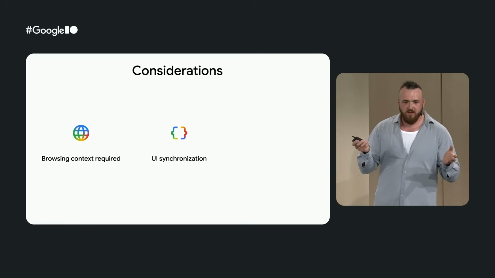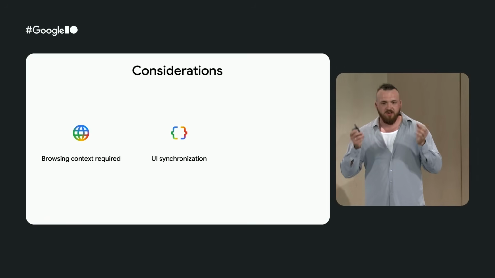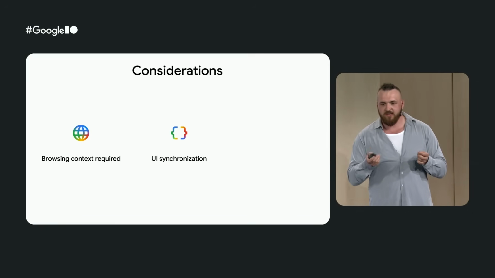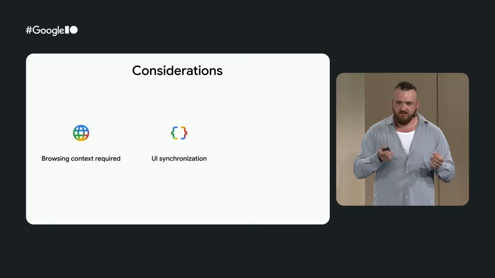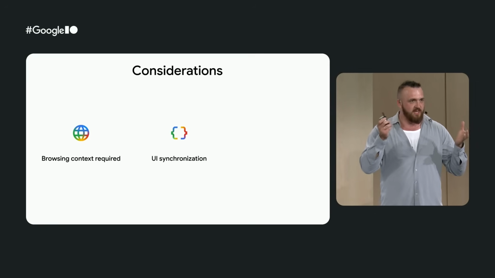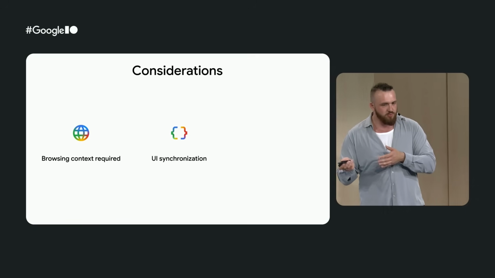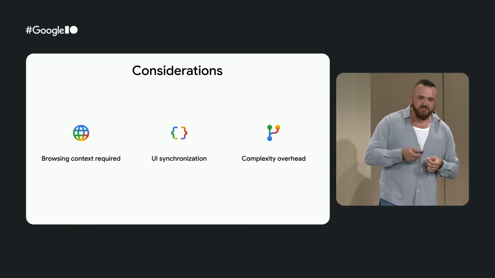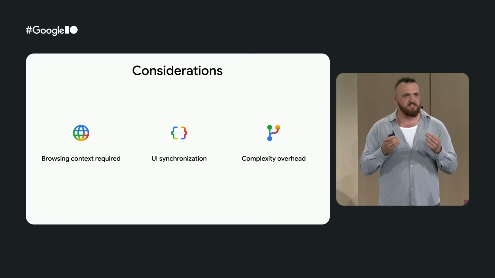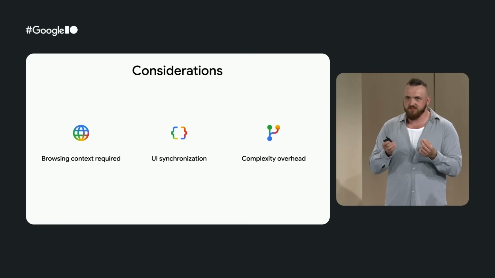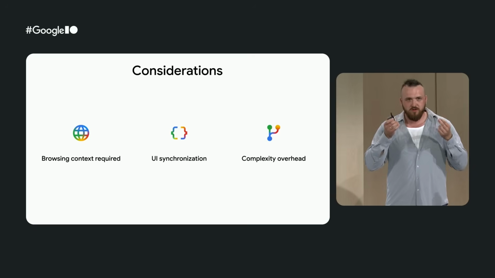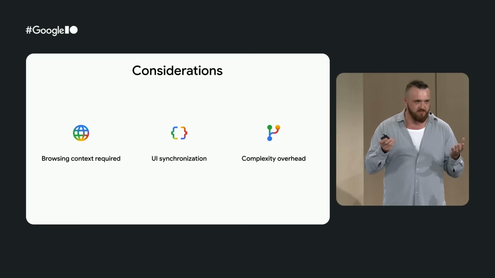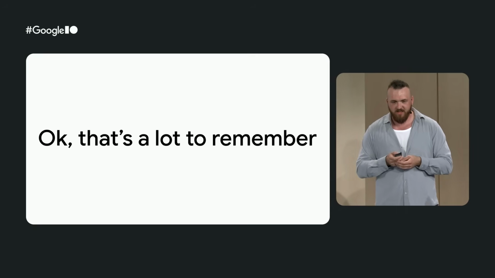UI synchronization: for a satisfactory end-user experience, we must ensure the UI is updated to reflect the current app state, regardless of whether the state updates came from a human or a tool call. And there is potential complexity overhead. In cases where your website UI is very complex, you most likely will need to refactor something, or add some JavaScript that handles additional states.